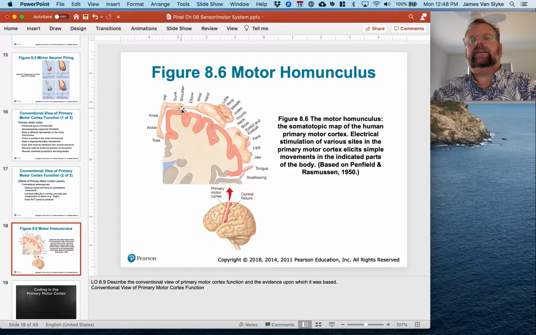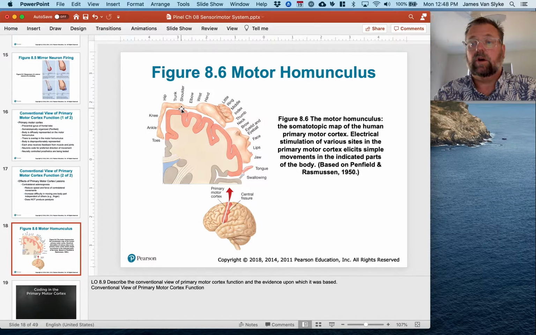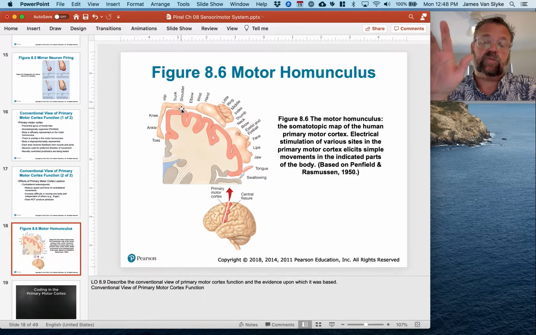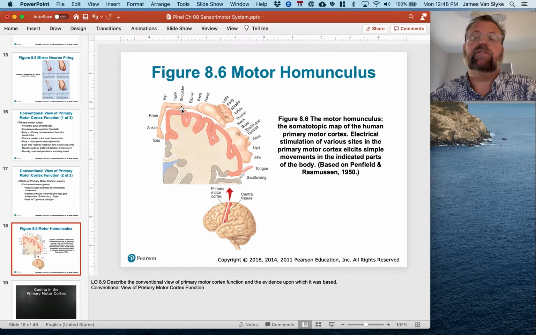So what that does is it requires that more area of the motor cortex correspond to our ability to do different things with our hands. Because moving the fingers, typing, holding a pen and writing something, it takes much more fine motor skill to actually perform those types of actions.